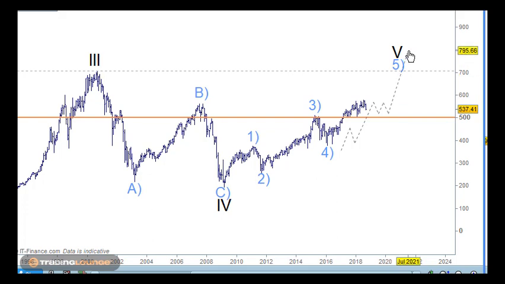It may not take out the top here, but as long as it's got 5 waves in it, then it's suitable for Elliott and finishes there and then can move down without making a new high here.